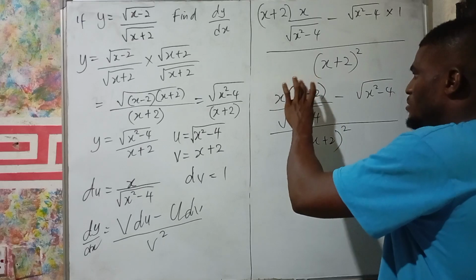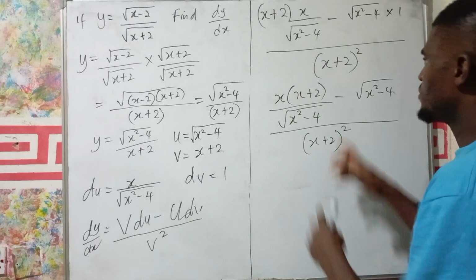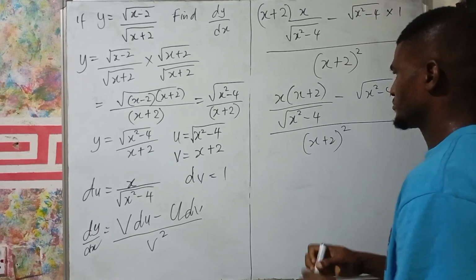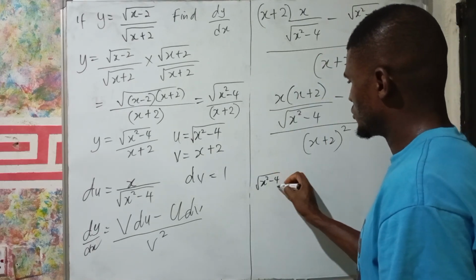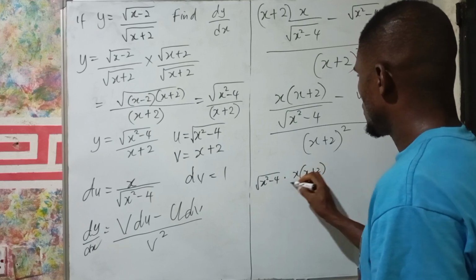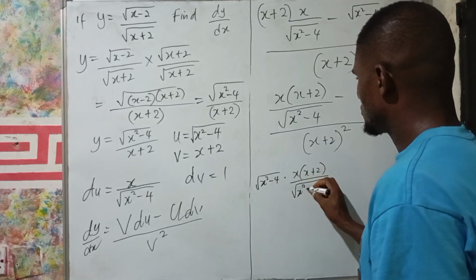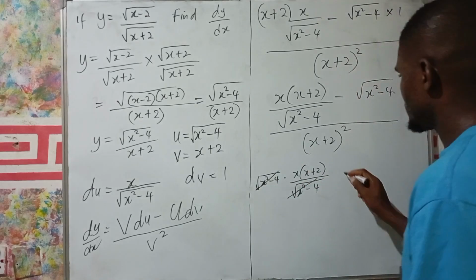So we're going to multiply x squared minus 4 to this point, to this point, and to this point. Alright, if you multiply the square root of x squared minus 4 to x into x plus 2 over x squared minus 4, this is going to cancel this out.